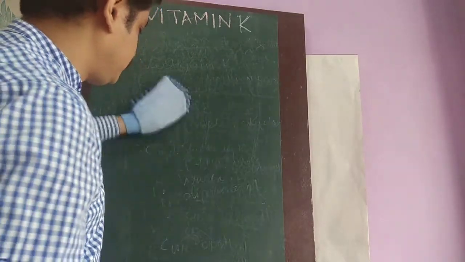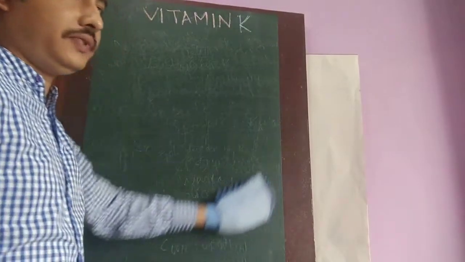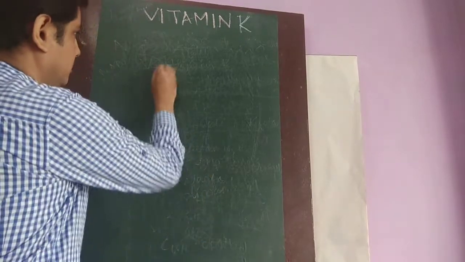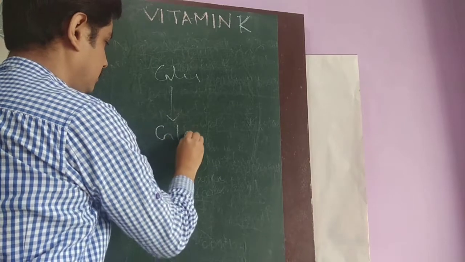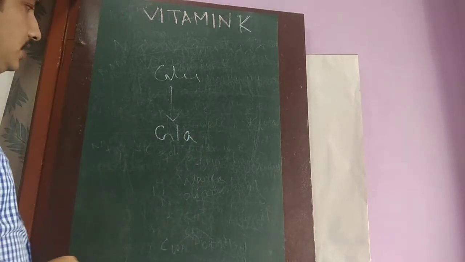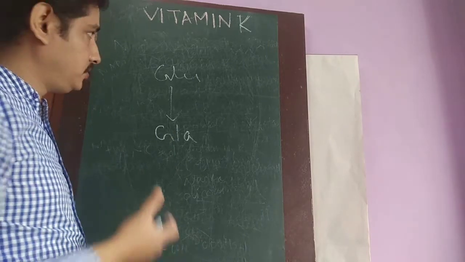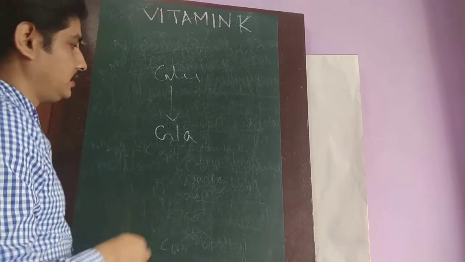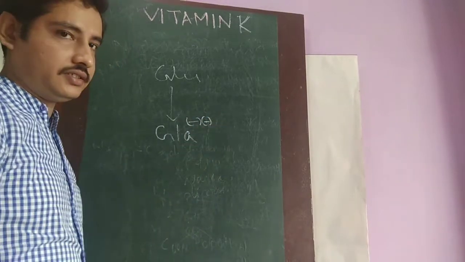Now what happens when glutamate is carboxylated to form gamma carboxyglutamate? When there is addition of one more carboxyl group to the glutamate residue, it will have increased negative charges.